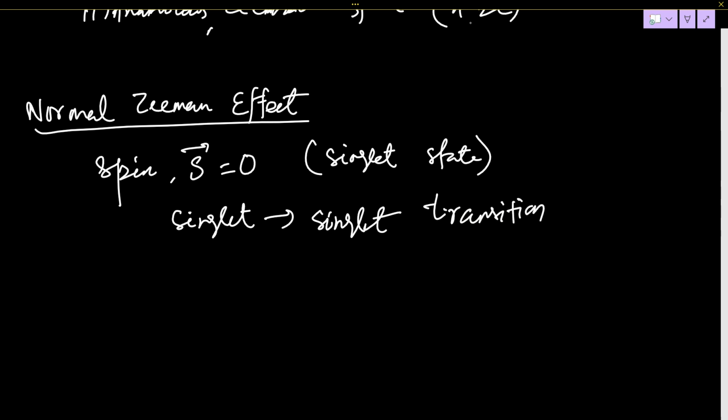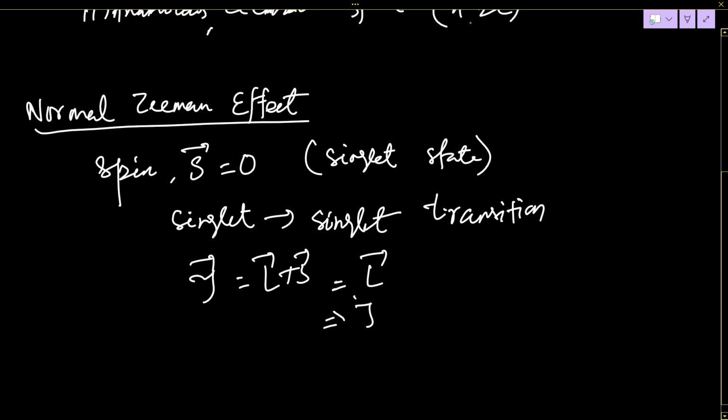Right. So we know J is equal to L plus S. So here S is 0, so J is equal to L.